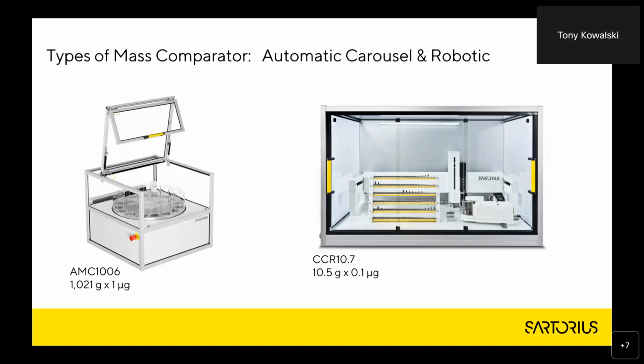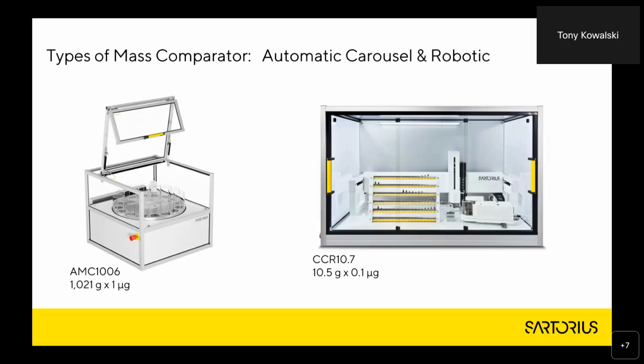And then you have enough space to load the rest of the weights that are being tested, the 1 kilogram, the 500 gram, and of course, in an OIML set of weights, you will have 2 times 200 and 2 times 20 grams. So you have enough space on an automatic machine like this to load a box of weights. It will calibrate, and then you have your results saved in a file.